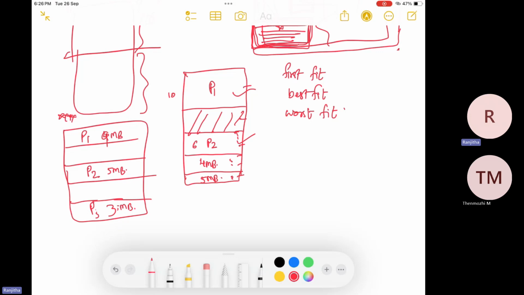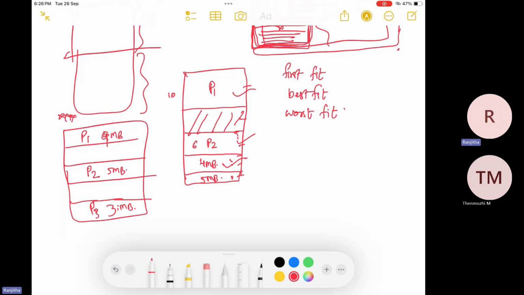So it will go and occupy the block that fits it properly. This is how best fit works.